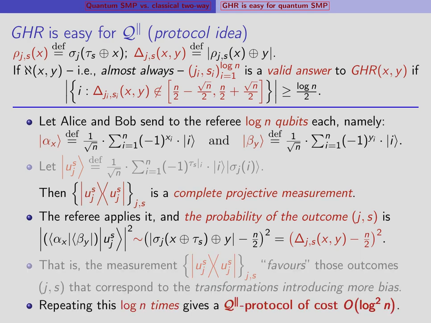So, if we repeat this whole procedure log n times, so both Alice and Bob send log n copies of their fingerprints, and the referee measures each copy and outputs the result, this gives a quantum SMP protocol that solves the GHR problem, and the complexity of this protocol is O of log squared n.